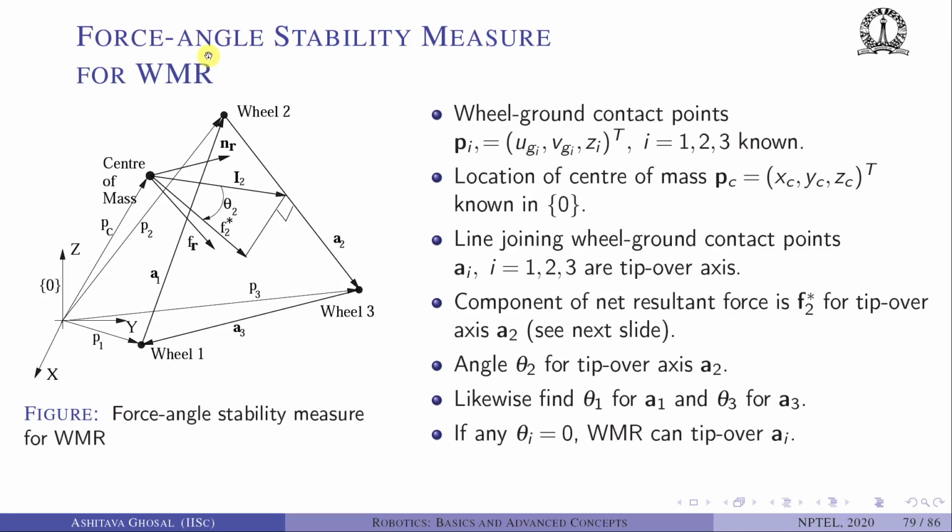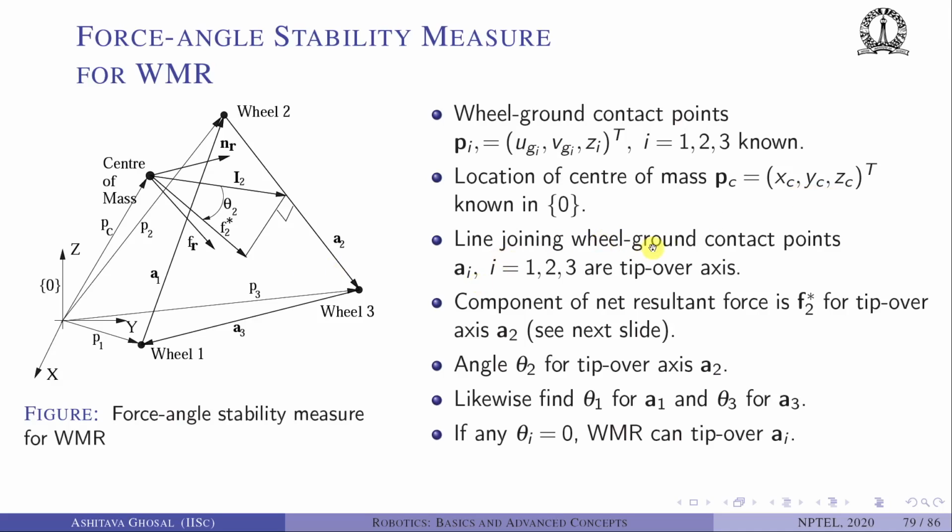In the case of a three-wheeled mobile robot, we have wheel 1, wheel 2, wheel 3. We can locate the wheel ground contact points by UG, VG, and Z for each of the three wheels. The location of the center of mass, PC, is XC, YC, ZC.